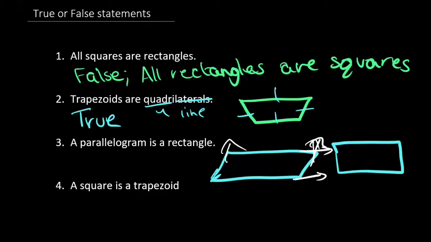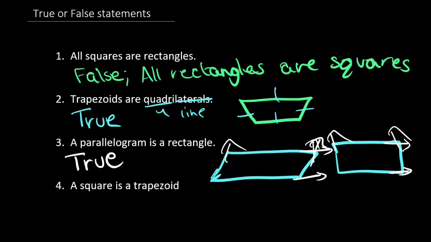Does a rectangle have two pairs of parallel lines? Well, they do. So the main characteristic of a parallelogram is it has two pairs of parallel lines, and a rectangle has that too. So the third statement is true.